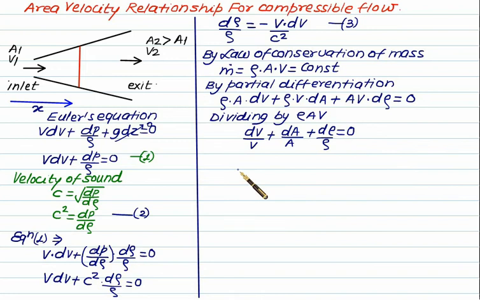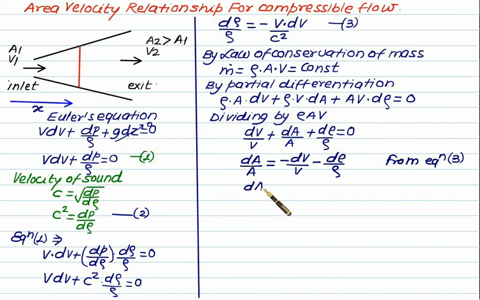To generate the relation between the area and the velocity, we'll take dA by A on the left side and shift the rest of the terms to the right side. So we have minus dV by V minus d rho by rho. Now at this stage we'll use equation number 3 to substitute for d rho by rho. So dA by A equal to minus dV by V, and d rho by rho we replace as minus V dV divided by C square.